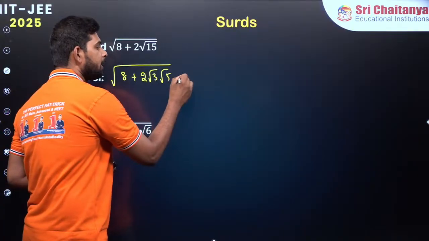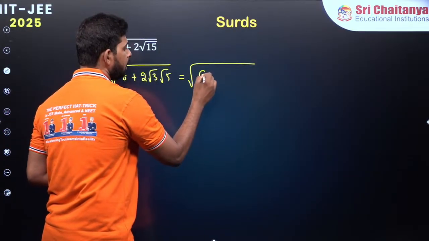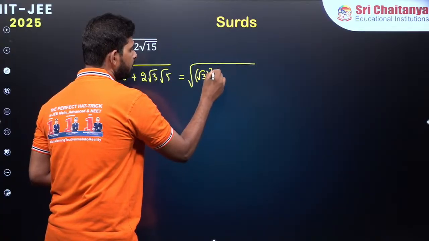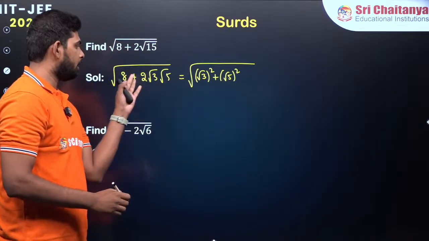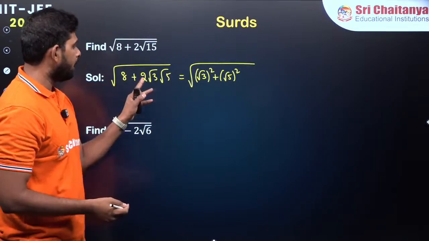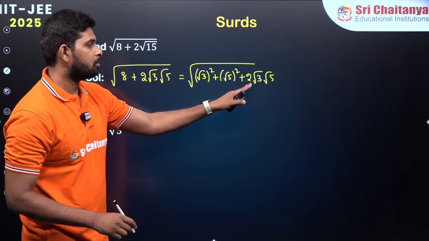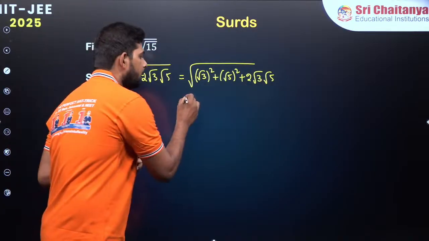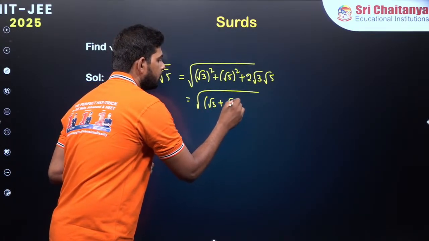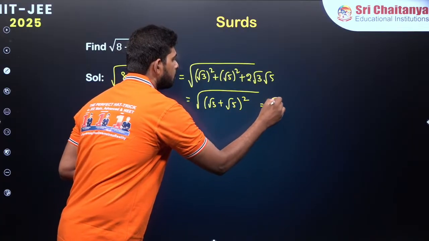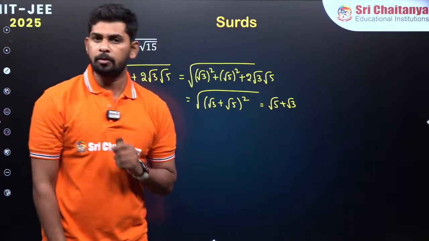So I am taking root 3 and root 5 here. Square root of this can be written as root 3 square, which is 3, and root 5 square, which is 5. So 3 plus 5, you can see that is 8. So 8 plus 2 root 15, this is a square plus b square plus 2ab, which can be directly taken as root 3 plus root 5 whole square, which is equal to root 5 plus root 3. I think everybody understood that.